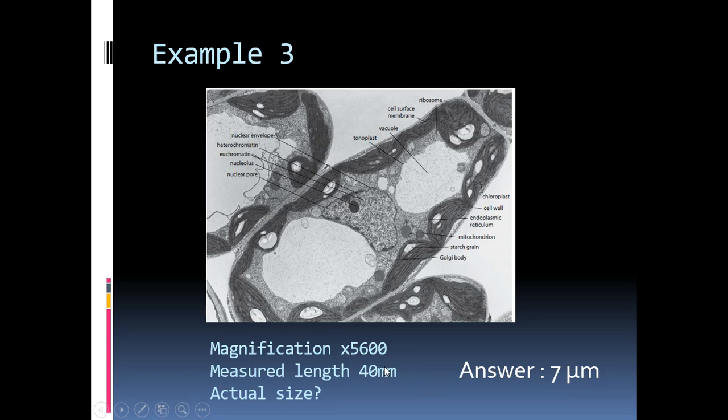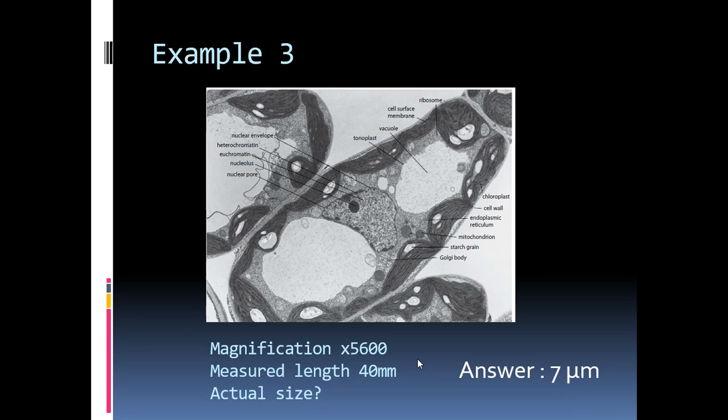And you are asked to find out what are the actual size of the specimen. Right, so you need to play around with the formula, and to find out what the actual size is. So the formula will now be measured length over magnification, right?